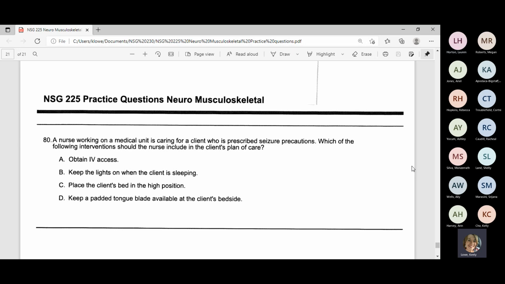Yeah, when I think about CVA, I think about, because I'm teaching that at the mid-level in the BSN right now, we're talking neuro too. With a CVA, time is brain tissue.